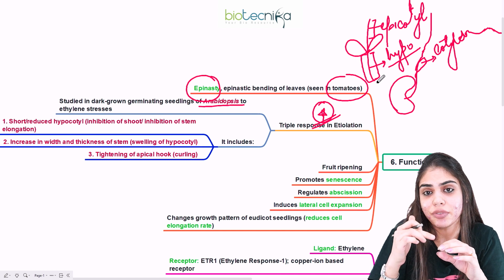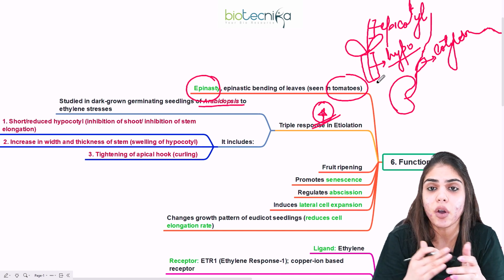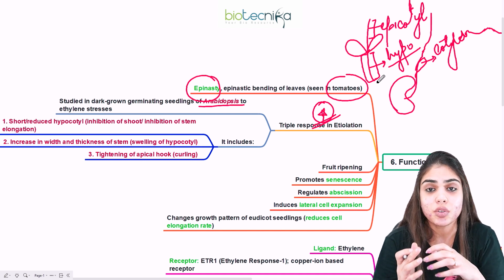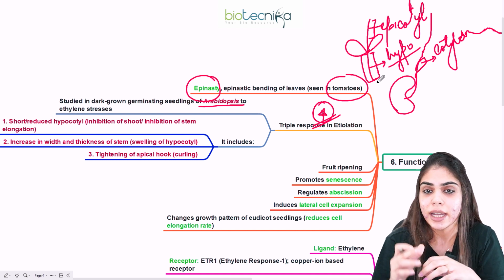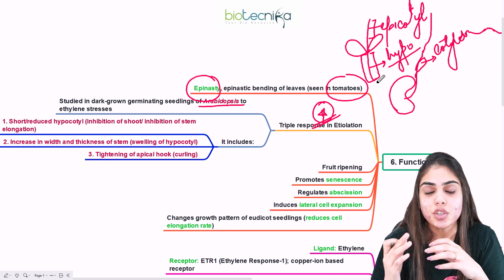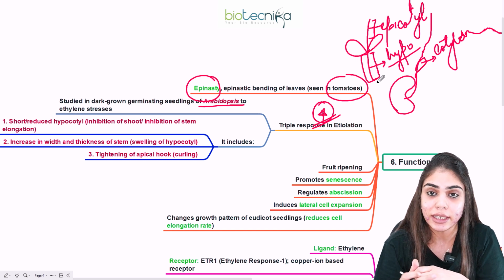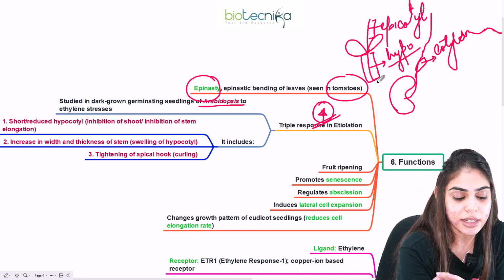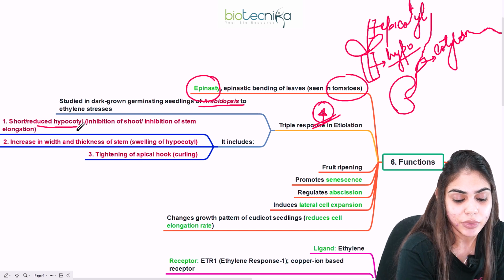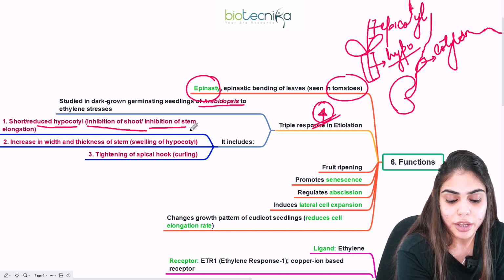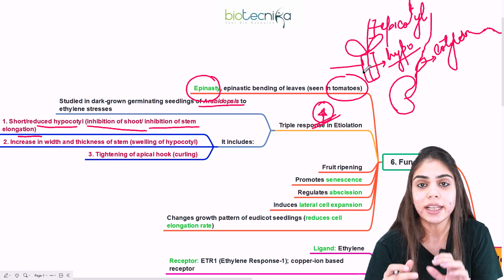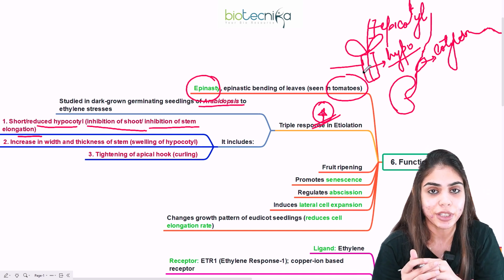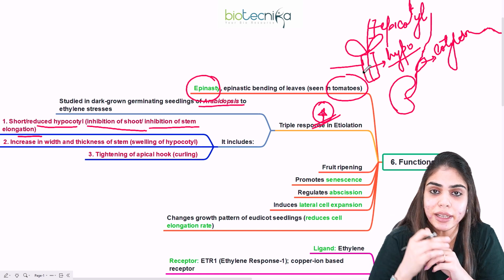So what happens if any of these areas, the epicotyl or hypocotyl, is inhibited? It will result in reduced elongation of the stem and the stem height will be small. So if there is a large amount of ethylene in the plant cells, this will result in a reduced hypocotyl, that means inhibition of shoot or stem elongation. So ethylene will target the hypocotyl and the stem elongation will be reduced, meaning the stem height will be less.